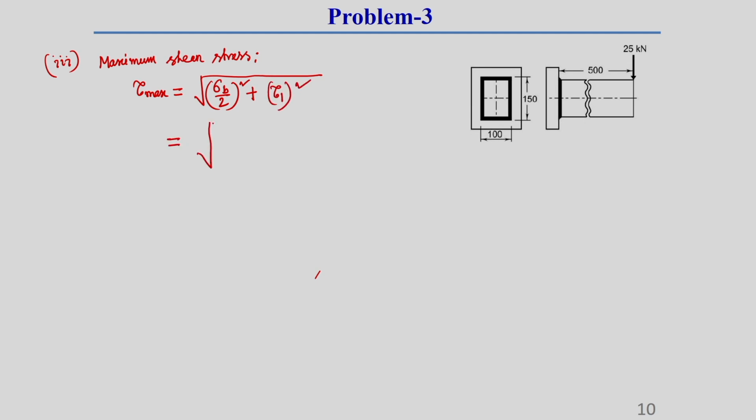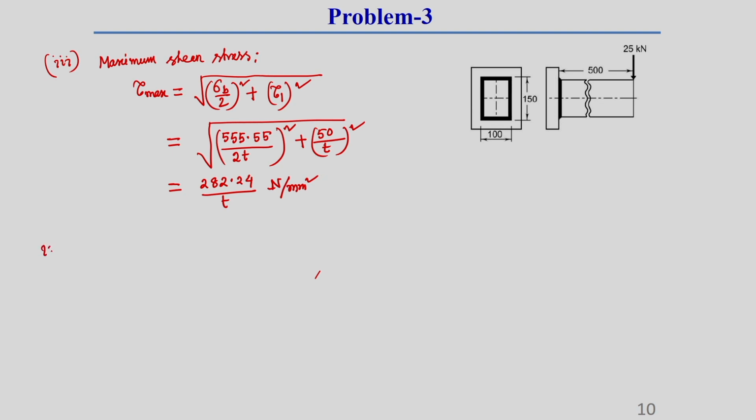Here sigma b by 2 I have already calculated, that is 555.55 divided by t, so this will be 2t, whole square, plus tau 1 is 50 by t whole square. So, tau max we are getting as 282.24 divided by t Newton per mm square.